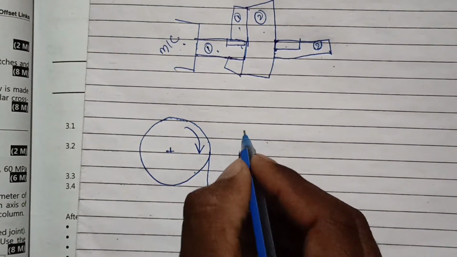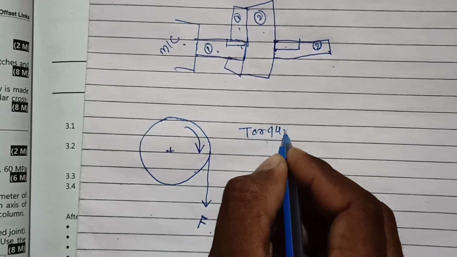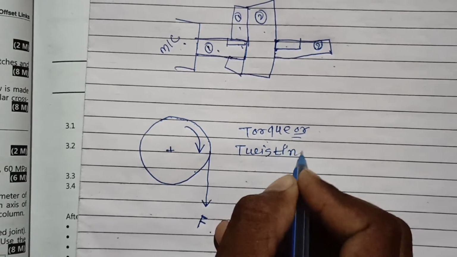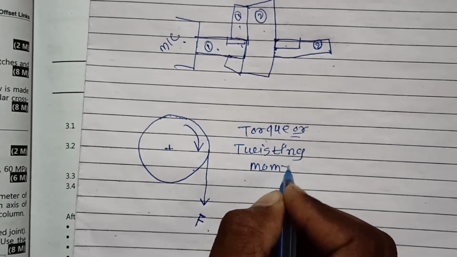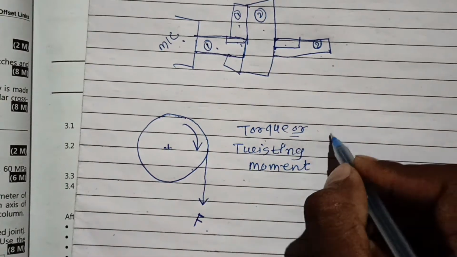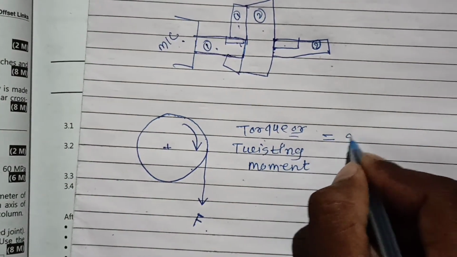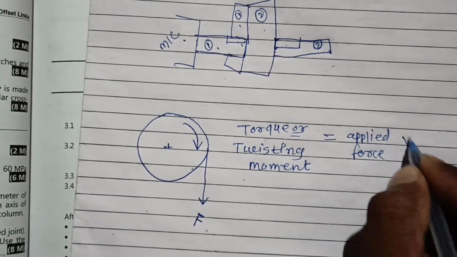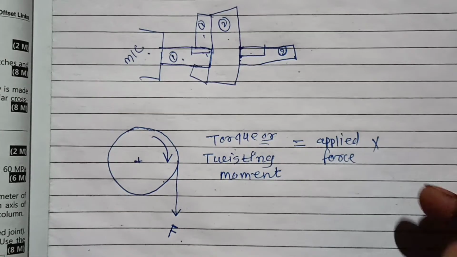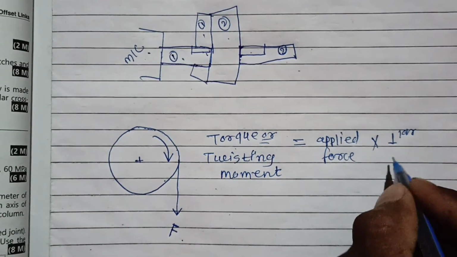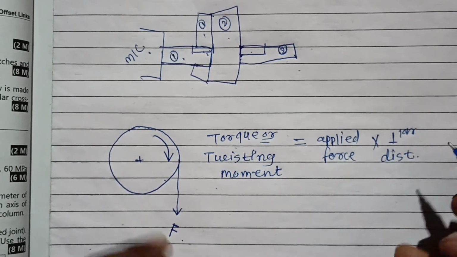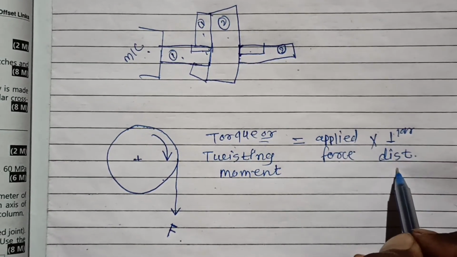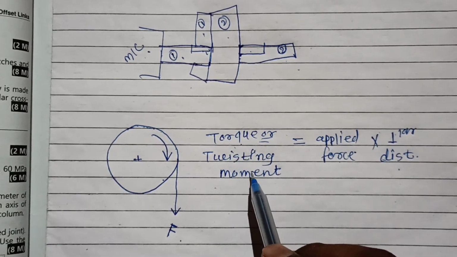Here I will write: torque or twisting moment is applied force into perpendicular distance. Applied force into perpendicular distance is nothing but torque or twisting moment.